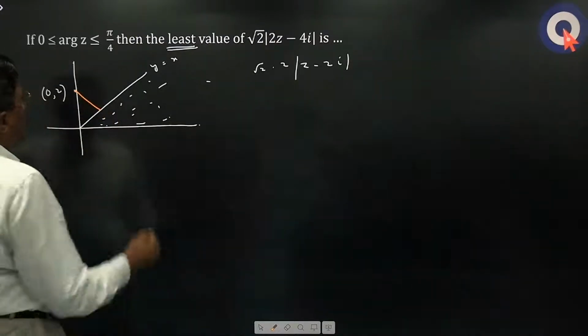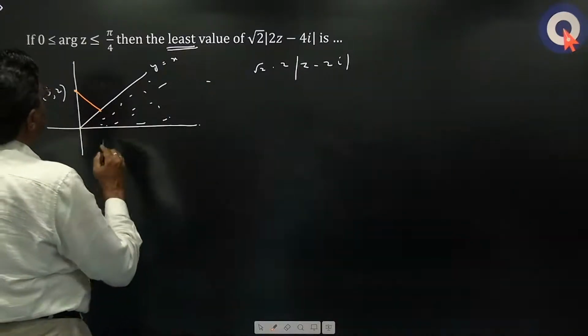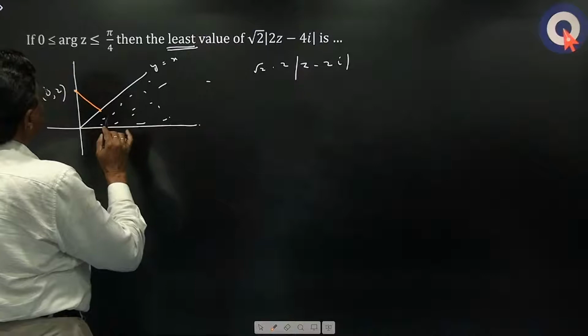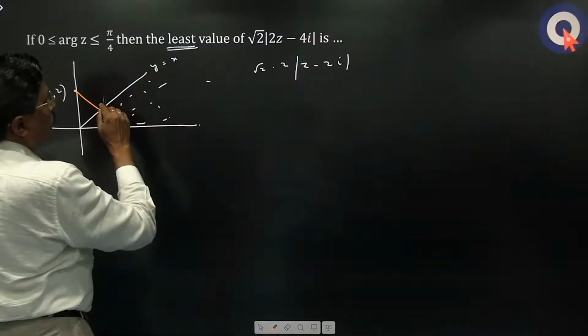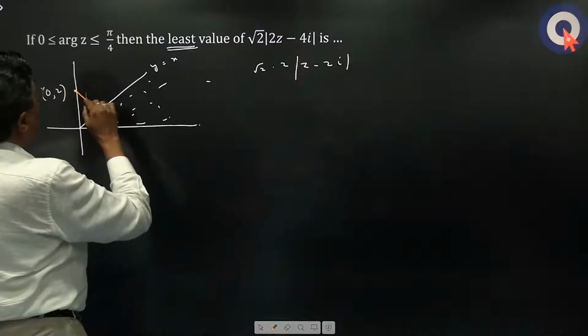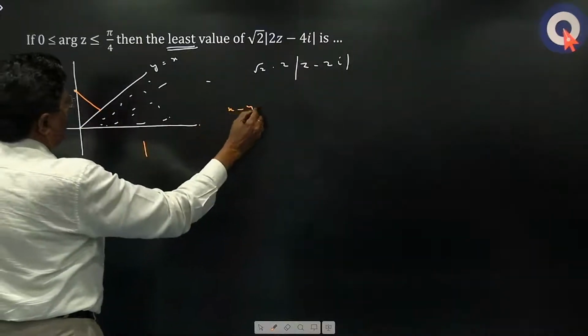So this is mod of x minus y is equal to 0, right?